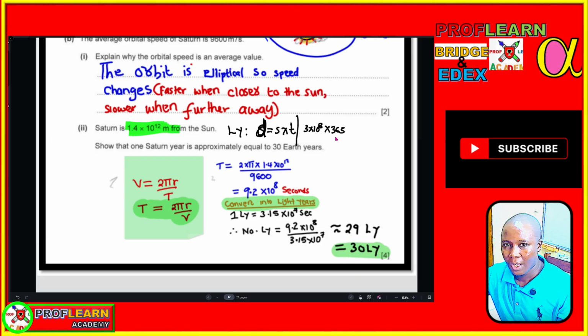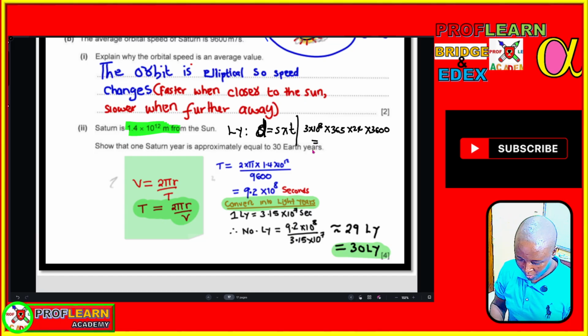How many days do we have in a year? 365 days. How many hours do we have in a day? We have 24 hours. Then 1 hour has how many seconds? 3,600. Then if you multiply this value, we shall say this is going to be 3 times 10 raised to power 8 times 365 times 24 hours times 3,600.